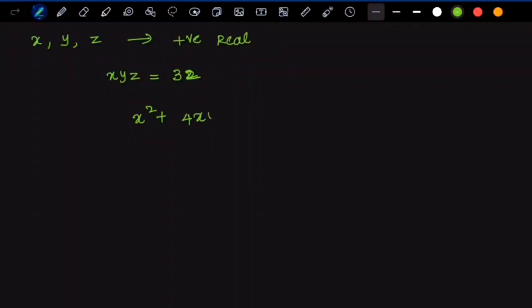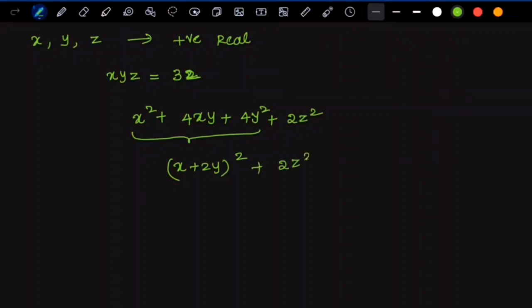So it is given that x, y and z are all positive real numbers. And it is also given that xyz is equal to 32. Now we have to find out the minimum value of x square plus 4xy plus 4y square plus 2z square. If you observe these three terms of the expression carefully, this is simply x plus 2y whole square plus 2z square.